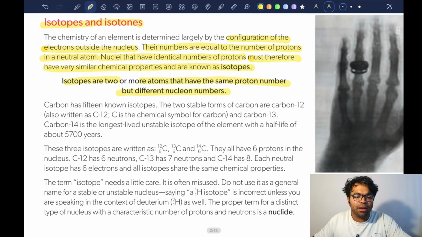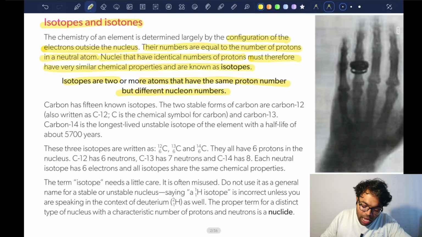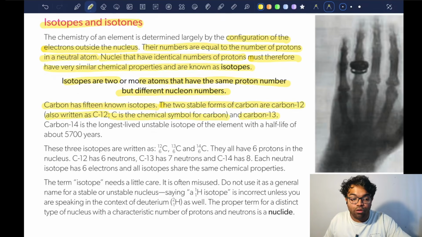Same atomic number but different atomic mass. Carbon has 15 known isotopes. The two stable isotopes of carbon are carbon 12, also known as C12, where C is the chemical symbol of carbon, and carbon 13. Like I've told, carbon 12 and carbon 13 are stable.